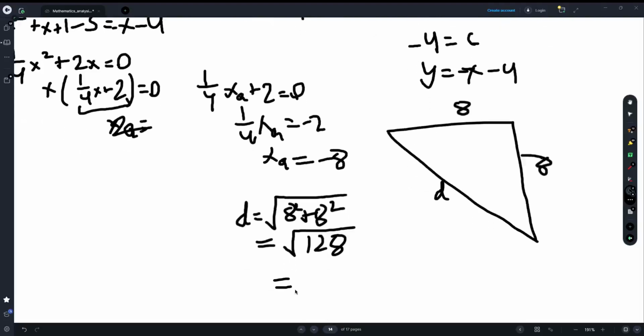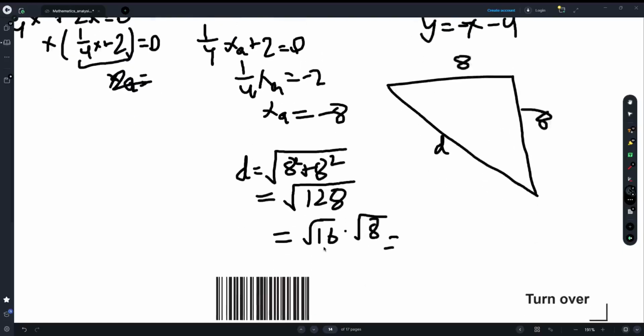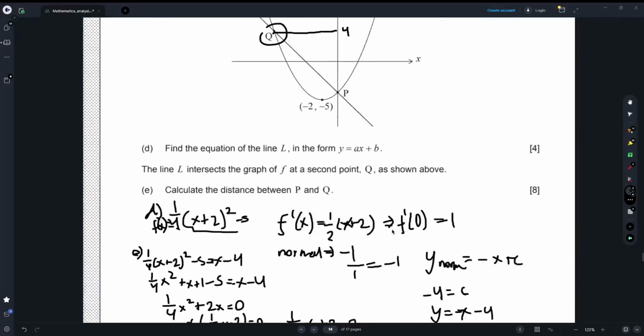And you can simplify this down as root 16 times root 8, I believe, yes. So this just becomes 4, and then this is 2 root 2, so this becomes 8 root 2 is the distance between these 2 points. Perfect.